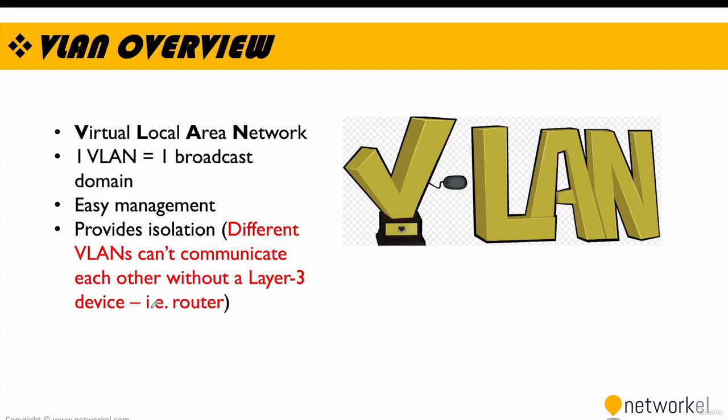A VLAN, as you know, is a virtual local area network, and one VLAN equals one broadcast domain, and it provides easy management as well as isolation, if you remember. So different VLANs cannot communicate with each other without a layer 3 device such as a router, a firewall, or a layer 3 capable switch.